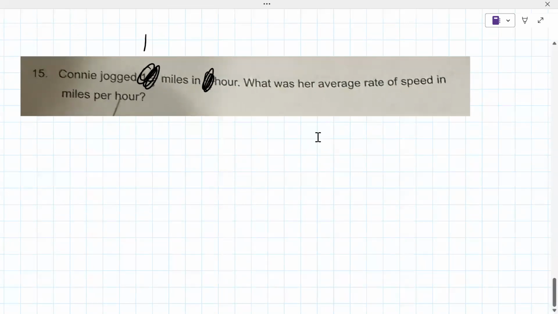So it's good. All right, let's do it that way. 15 miles in 2.5 hours.